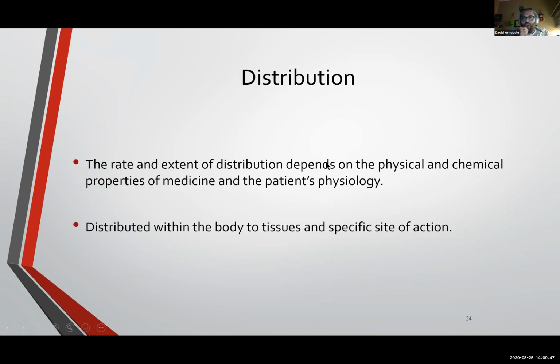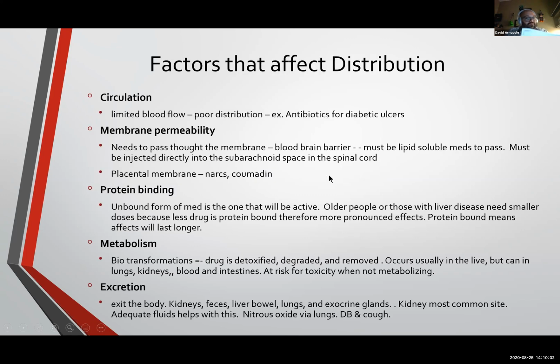Moving forward. Distribution. Again, another definition slide. This is getting medication where it needs to be. That's what this whole slide is. Factors that affect the ability of medications to get where they need to be. Circulation. If you have decreased blood flow, you have decreased distribution. Again, it can't get somewhere that doesn't have a highway for the bus, or the blood flow.